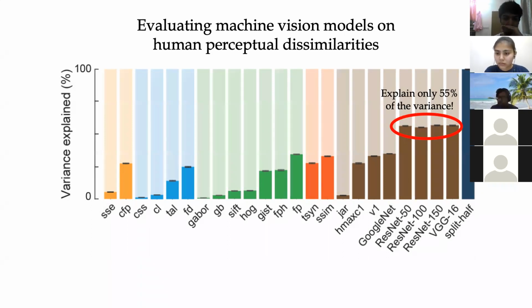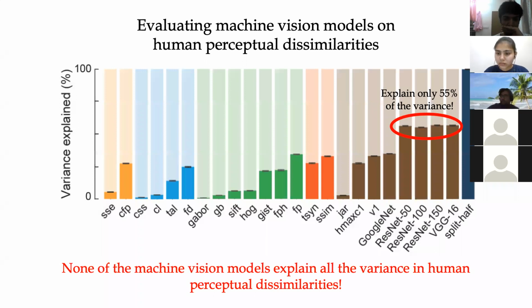Also, none of these other computer vision models actually match human perception. The bar on the right-hand side in blue, which I've labeled split half, is the human reliability measurement, the split half correlation. And none of these models actually hit that mark. So none of the vision models explain all the variance in human perceptual dissimilarities.